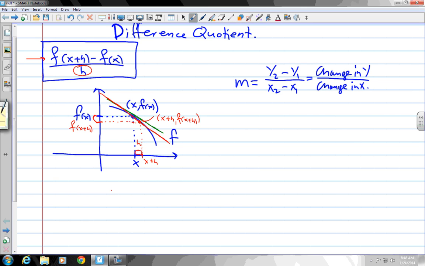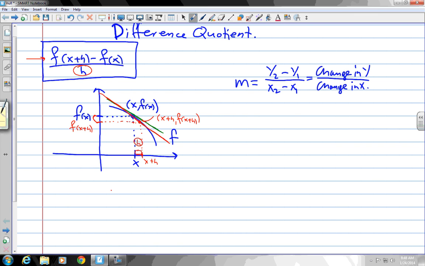Now, this is as far as we went in college algebra. This is as far as we're going to go here. When you take your actual calculus course, you're going to say, well, why are we doing the secant line when we want a tangent line? So what you're going to do is shrink the h. You're going to make h basically 0.